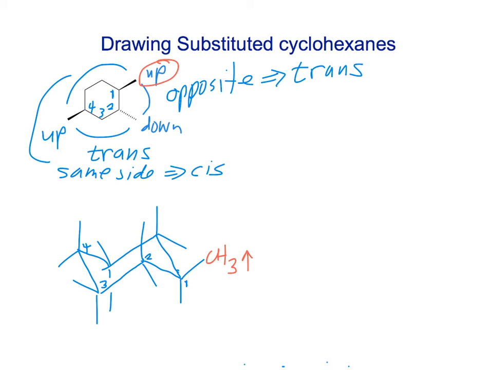Position 2, the methyl group goes down. So here's position 2. We have an axial bond going up, equatorial going down, and so this methyl group is going to go down. And at position 4, we have our methyl group going up over here, and so that up is axial. All right, let's fill in our hydrogens.